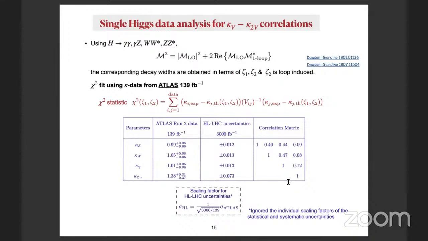To show the improvements we can see at high lumi, we have also scaled the uncertainties with a naive luminosity factor, ignoring the individual scaling factors of statistical and systematic uncertainties.